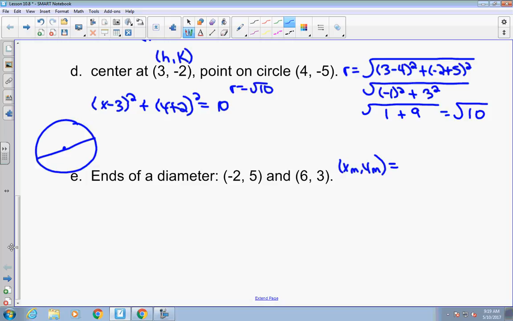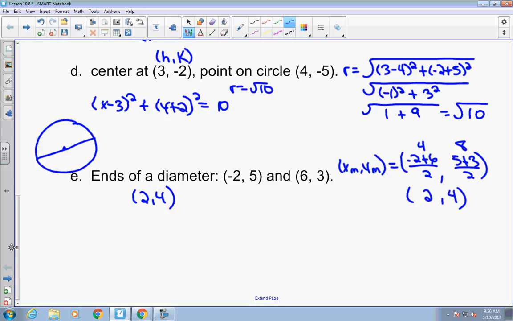So I got negative 2 plus 6 divided by 2, which is 2. And 5 plus 3 is 8 divided by 2, which is 4. So 2, 4 is my center.